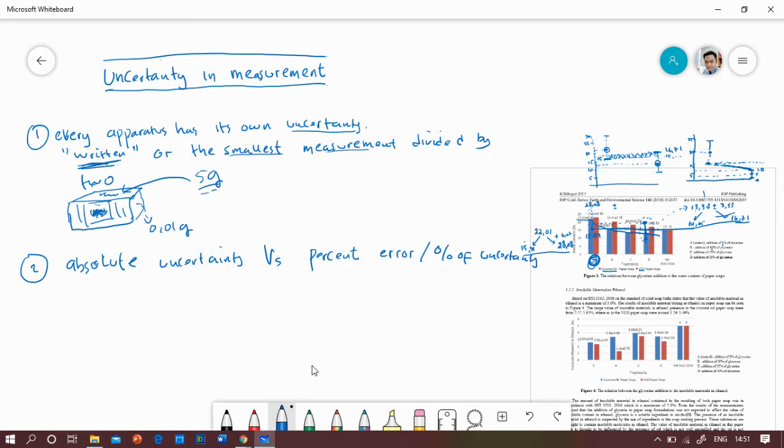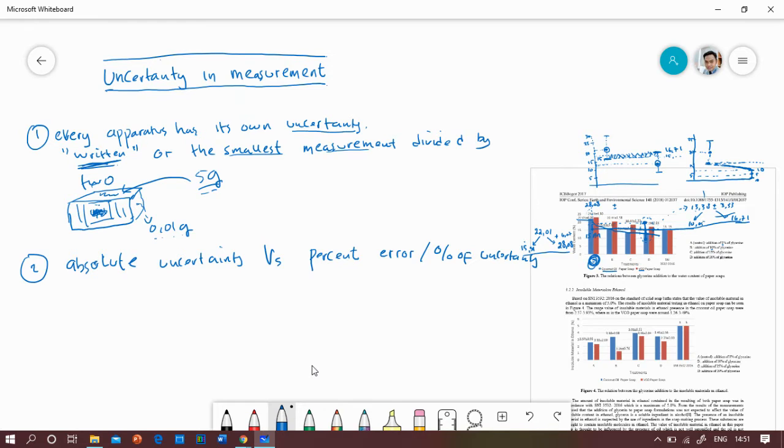Usually we have to check the box or manual book of this digital balance. When you bought it, you have the box or manual book, and in the manual book it says what the uncertainty of this digital balance is. Let's say in the manual book it says 0.01.